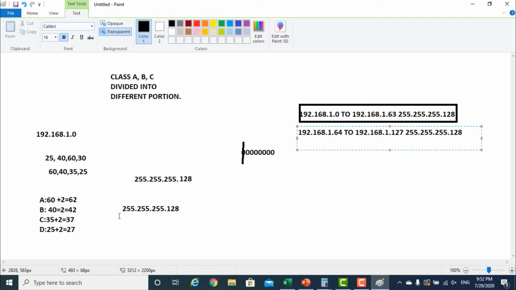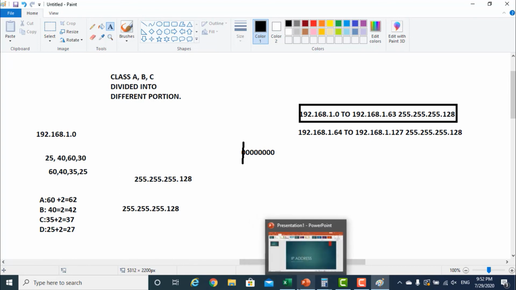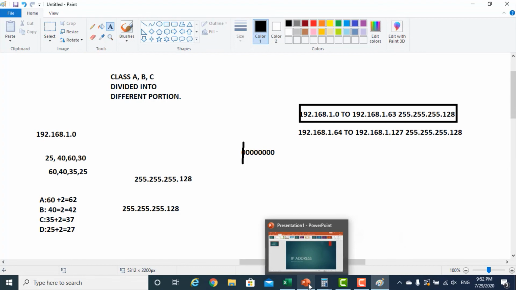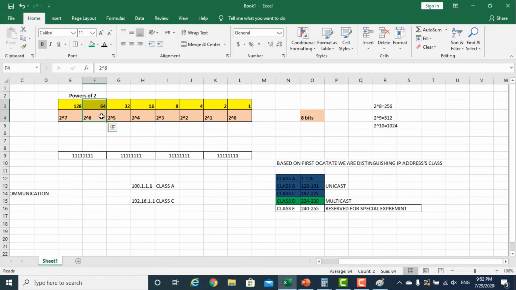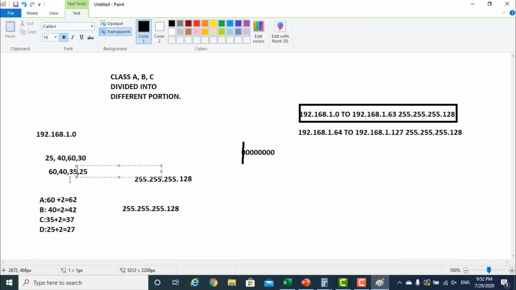So the company C, that is 35 actually, 37. So I think this is also going to be under the case of 64. Actually, I will make a change here so that you can understand this. I will delete this. I will add the requirement of 30, not 35.